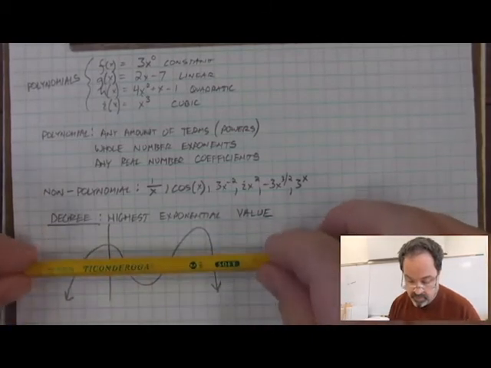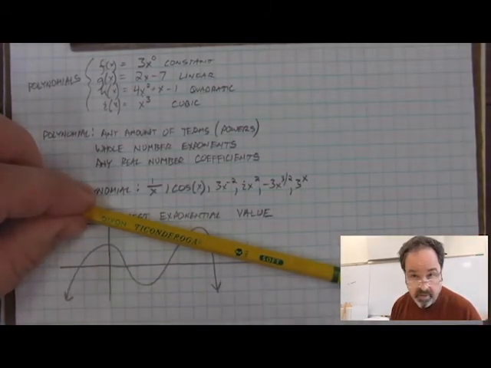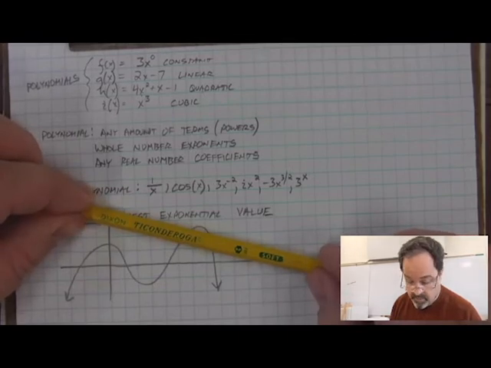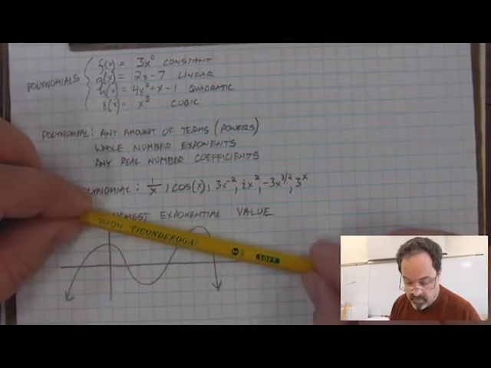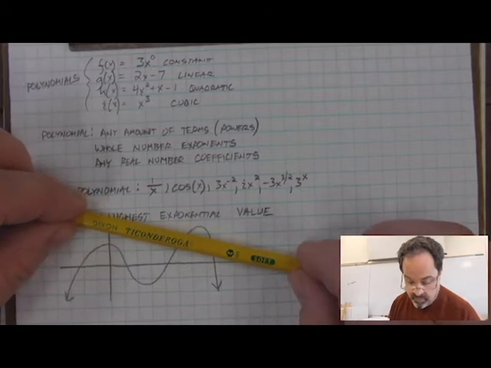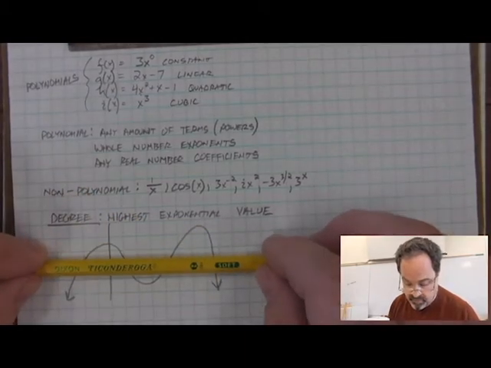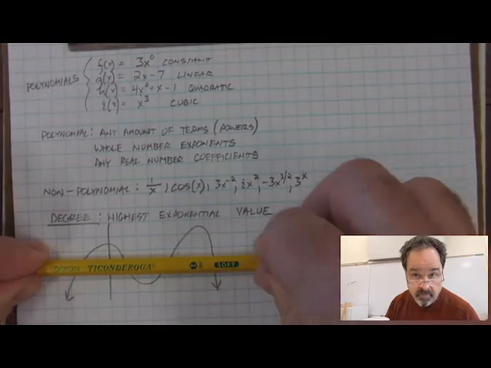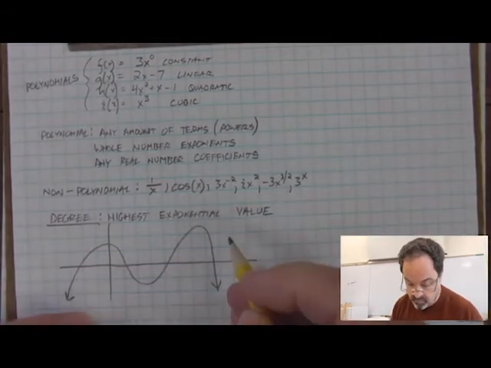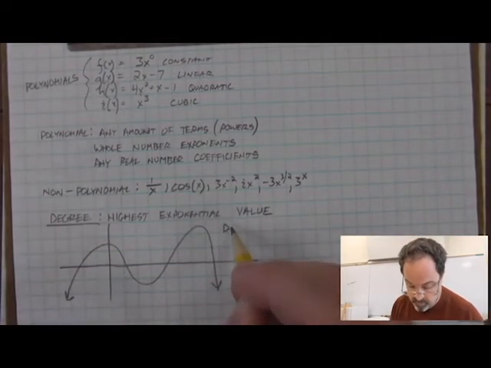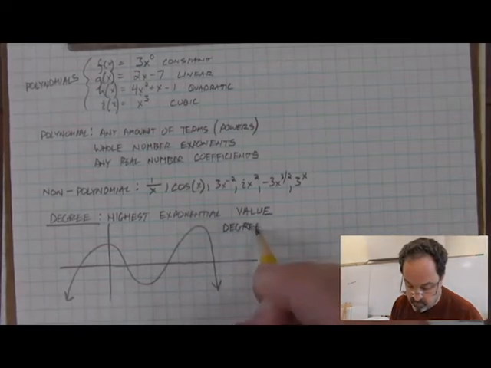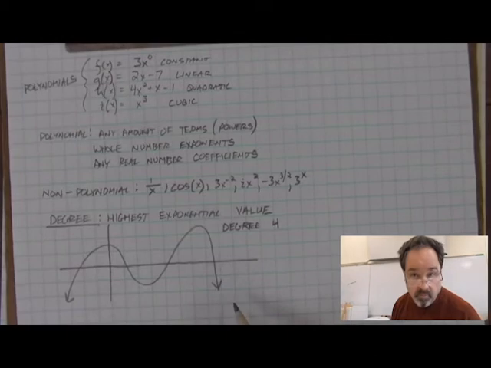So if I put my line here, this pencil representing a line, then I'm intersecting this graph twice. But that's not as many intersections as I'm able to find. I could place the line here and intersect at a maximum 4 times. The degree of this polynomial is 4. The maximum number of intersections that I can find with a line.